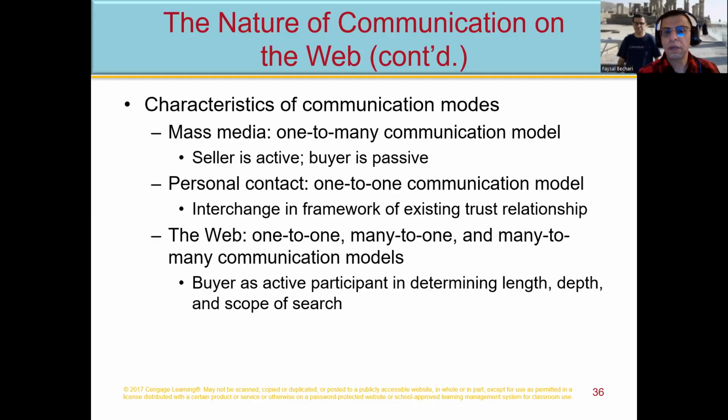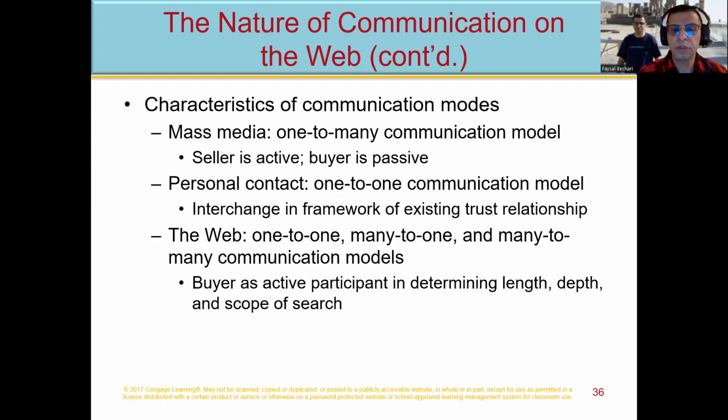There is a different nature of communication on the website. When you create your website, it has a different nature. One is the mass media characteristic of communication, which is a one-to-many communication model. Usually the seller is active, the buyer is passive, and one person communicates to many.